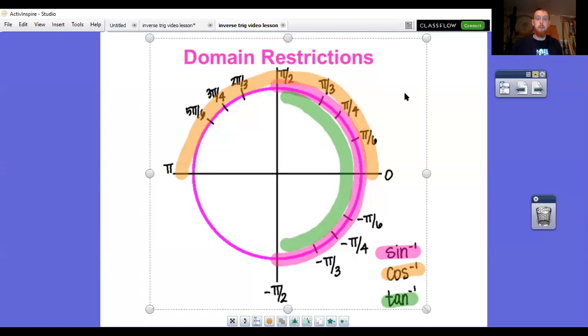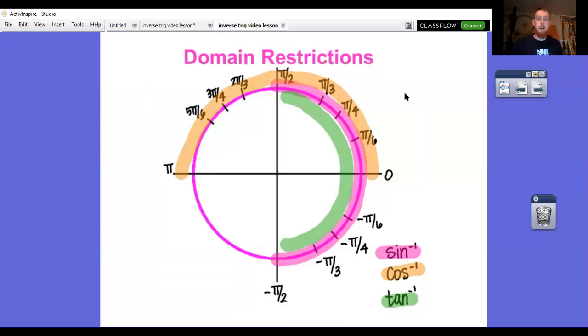Any value from negative pi over 2 to pi over 2. So these are the angles that you can use to evaluate inverse sine, inverse cosine, and inverse tangent. Those angles are your possible answers when you evaluate an expression using inverse sine, inverse cosine, and inverse tangent.